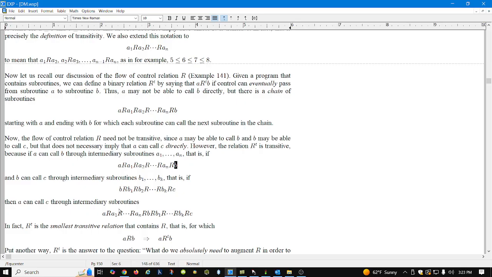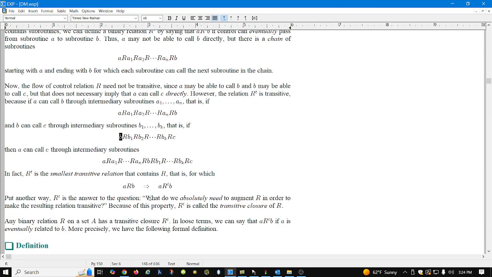The end here and the beginning here are the same. So we get to the end here, we just pick up the next chain, we go all the way from A to C. So this relation, R superscript T, is transitive. In fact, it's the smallest transitive relation that contains the original relation R.